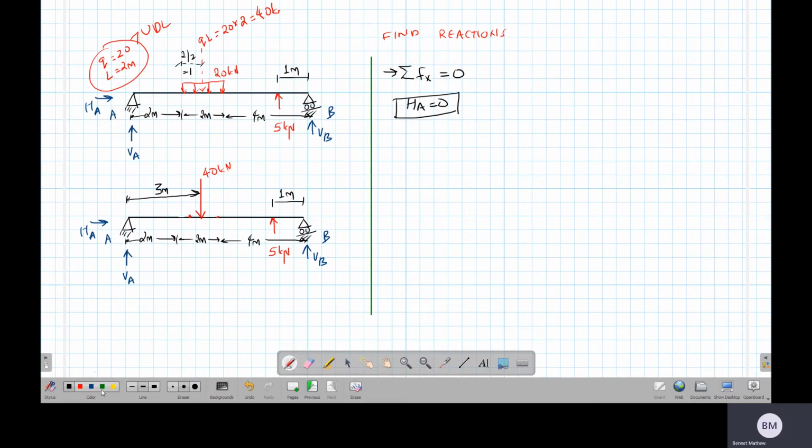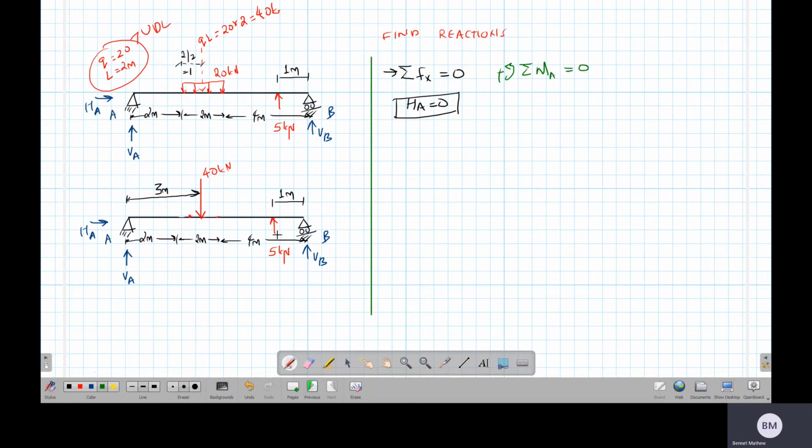Okay. Now we know that summation of moment about any point is equal to 0. Vertical forces, and the moment about any point is equal to 0. Clockwise positive, anti-clockwise negative. Okay. So let's take this point, I'll take A equal to 0. What is the moment about A?